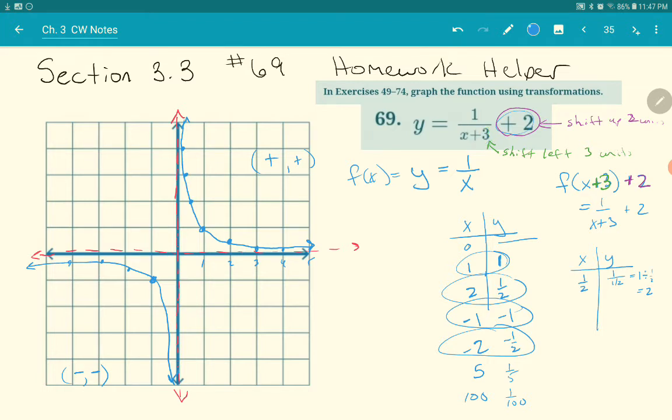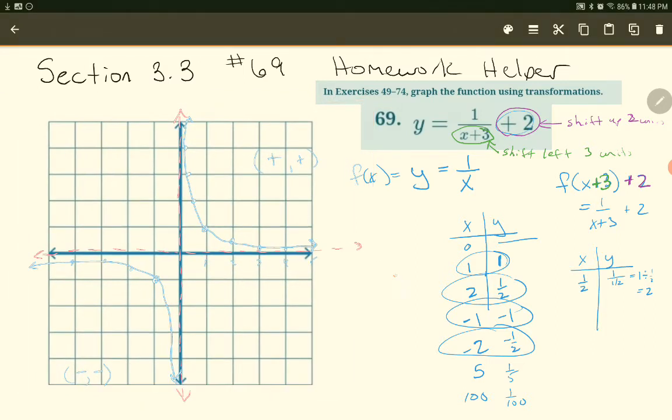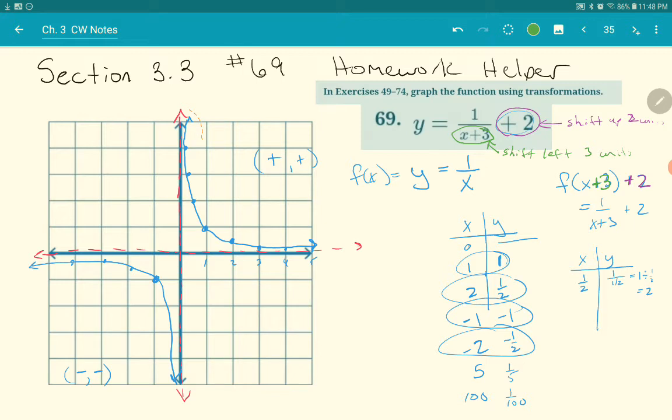So we said that the plus 3 that's with my x says I'm going to shift horizontally in the opposite direction 3 units. So I'm going to take this graph and shift it left 3 units. Let's see if I can get just the graph and not the grid.